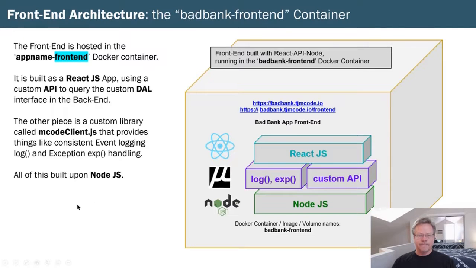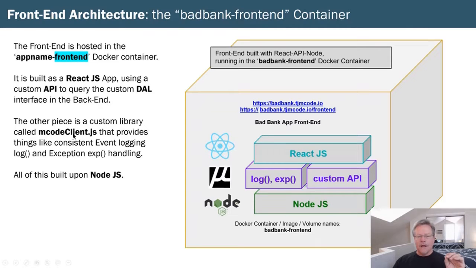Inside the front end container is the UI code to make the web browser presentation of the app to the user. It is built using React.js JavaScript, and it has in it a custom API that will query an Express backend that has a data abstraction layer in it, a DAL.